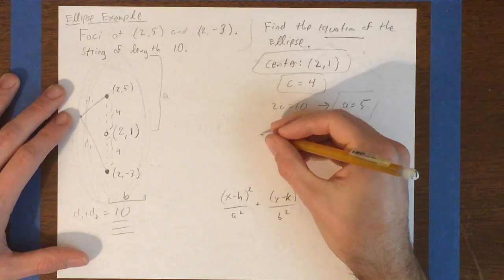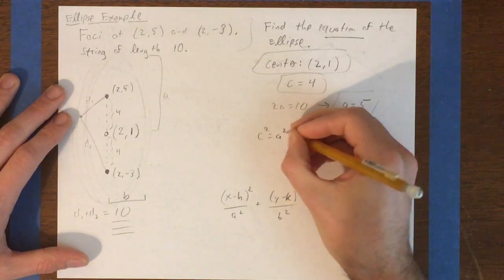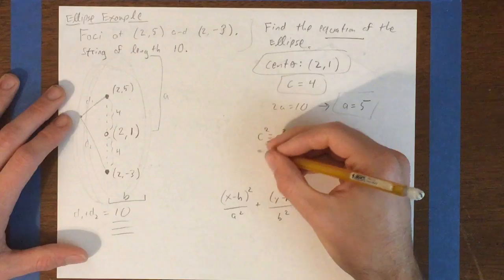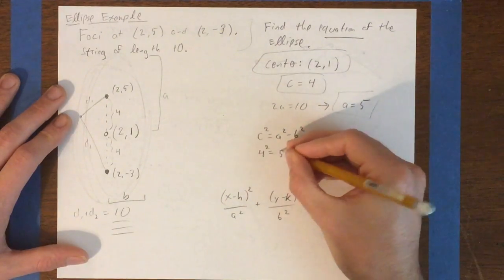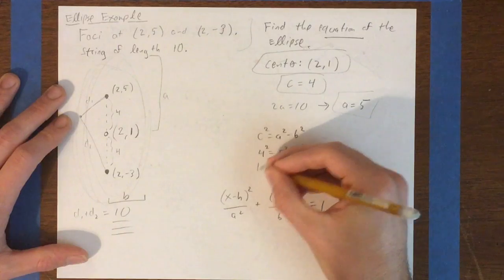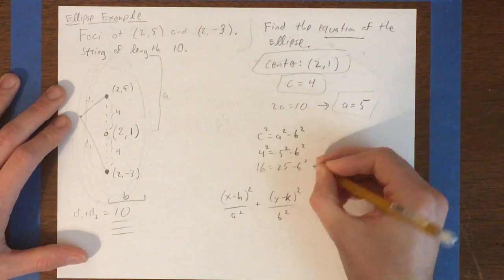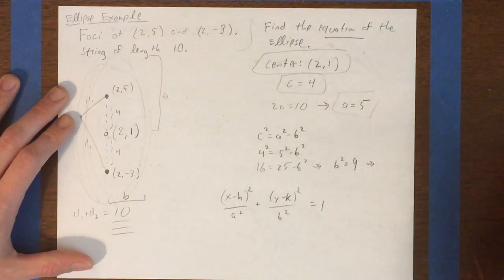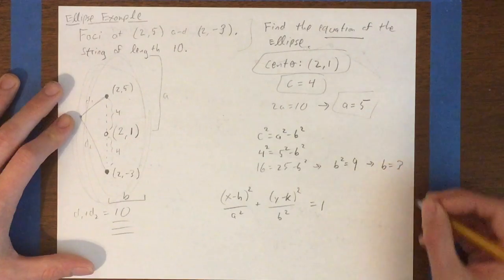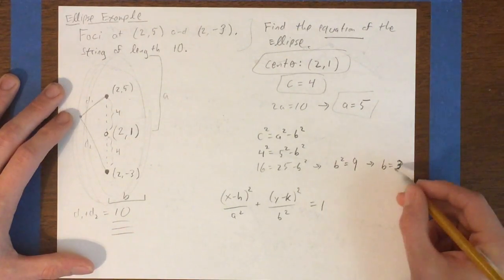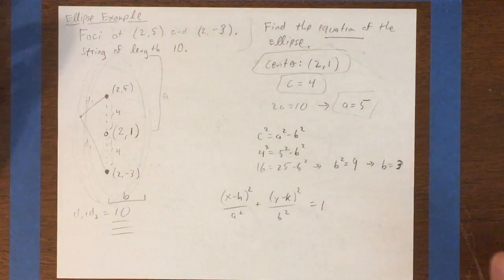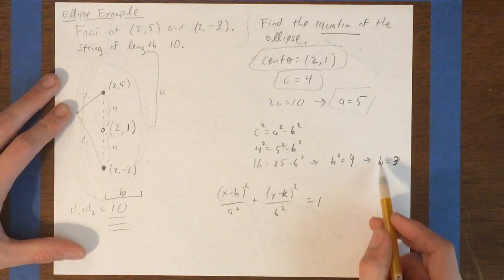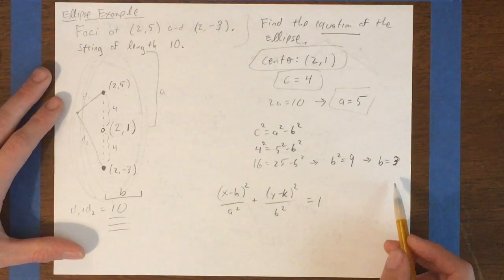Watch the last video and you will see we have c squared is a squared minus b squared for ellipses. So, given that information, we're going to have 4 squared is 5 squared minus b squared. So 16 is going to be 25 minus b squared. And from this, we can get b squared is going to be 25 minus 16, which is 9. So what is b? It's 3. We don't have to think about b equals -3 because b is a distance. a, b, and c are all distances, so we only care about the positive options. So when solving an equation like this, we do not have to bother even considering the -3 possibility.